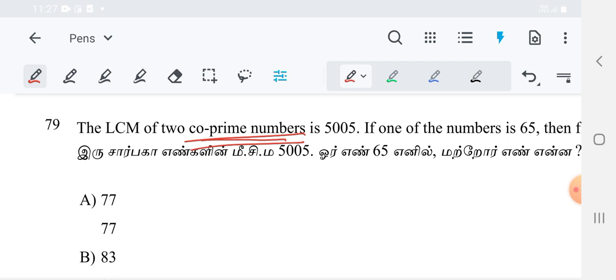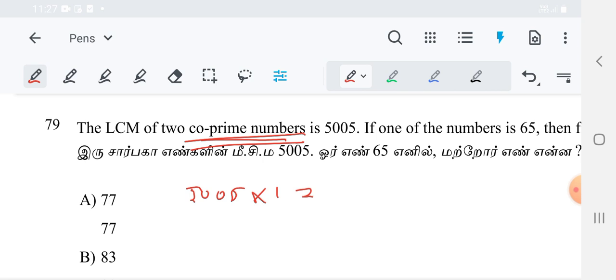The LCM of two co-prime numbers is given as 5005. Since co-prime numbers have only 1 in common, the HCF is 1. We know that LCM into HCF is equal to A into B, that is, the product of two numbers is equal to LCM into HCF. This is the main property of LCM and HCF.